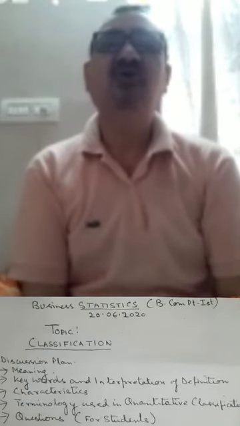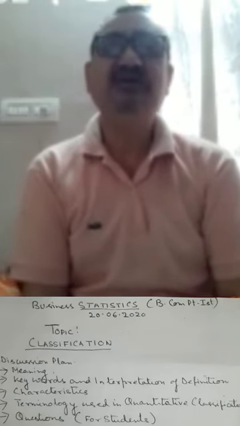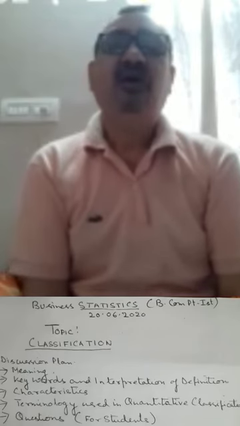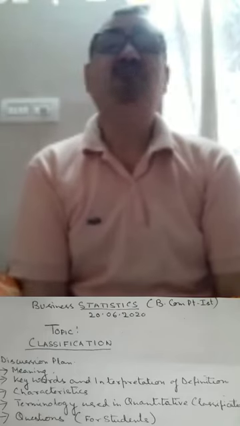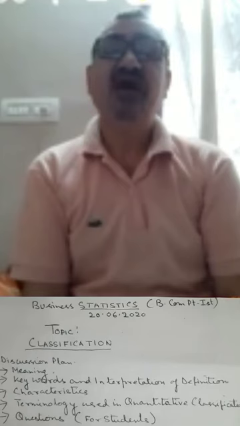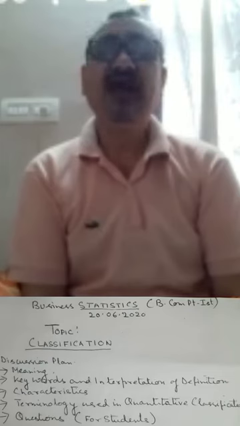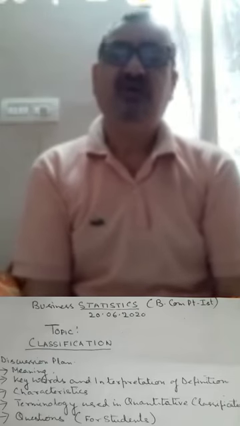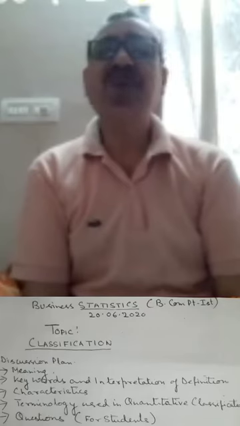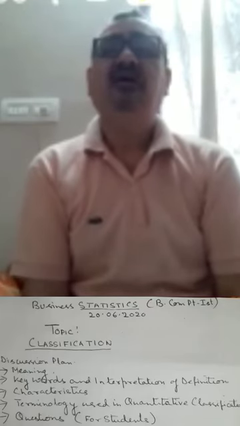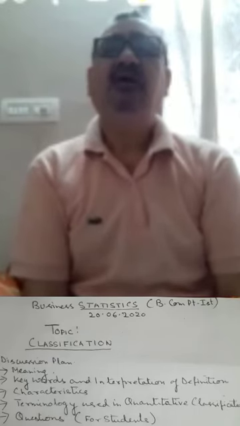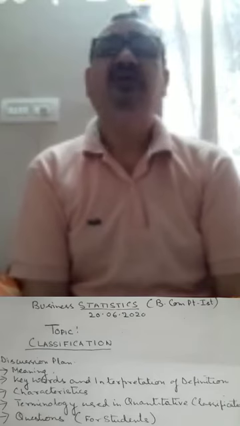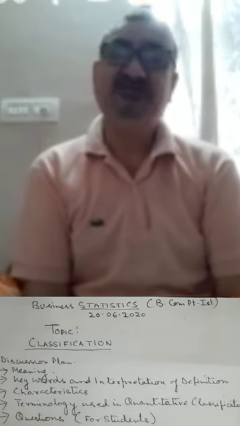Now, starting with the term classification, it is the process of dividing the collected data into various classes or groups on the basis of their similarities. It also means that classification is the process of arranging things and gives expression to the unity of attributes. Now, students, if we see this definition, we can find three important keywords.